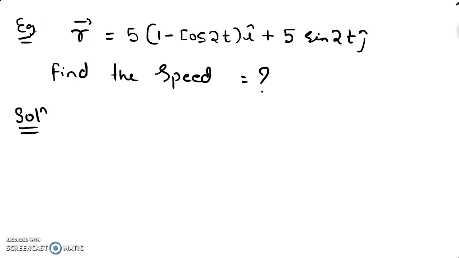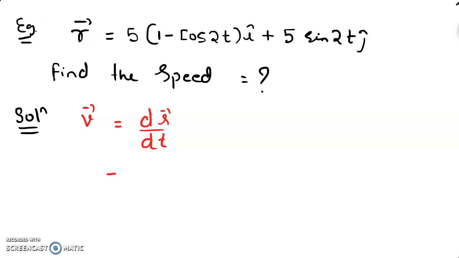So let's do it. First of all, we know the displacement, so we can know the velocity as well. Velocity is nothing but dr by dt, the differentiation of that. So let's differentiate it.